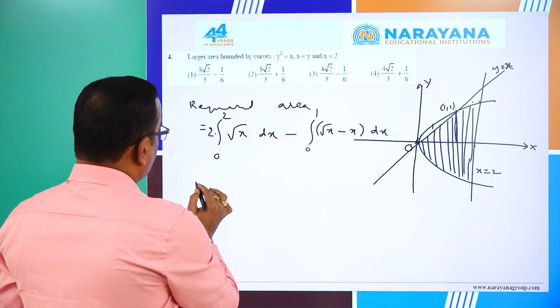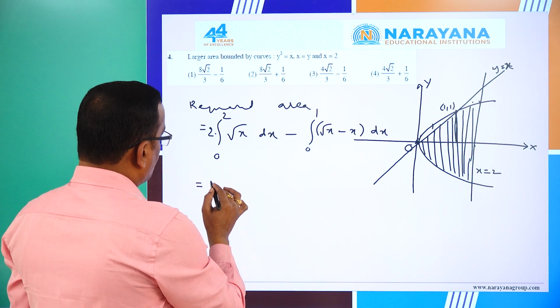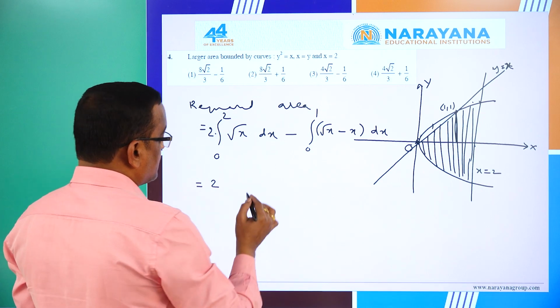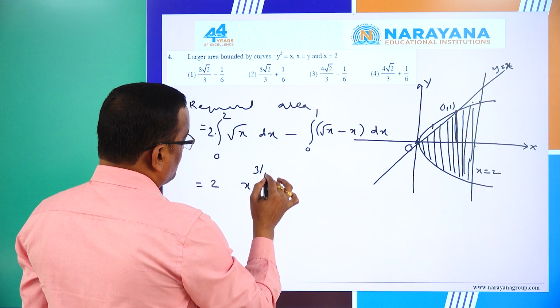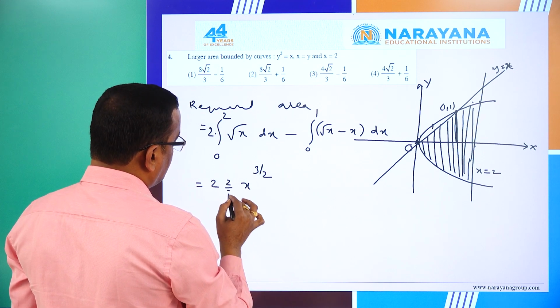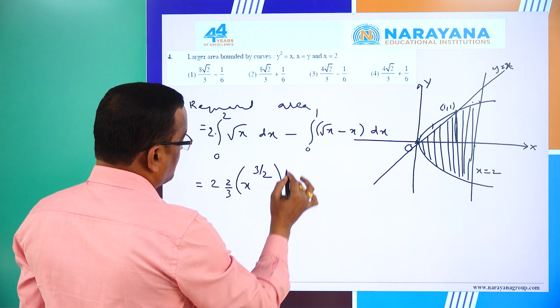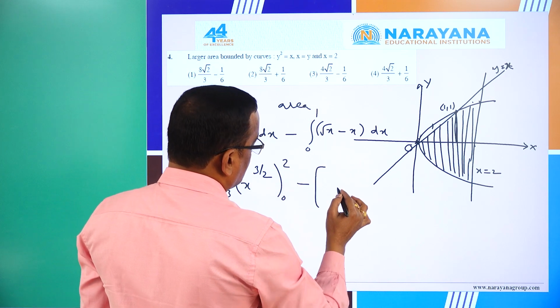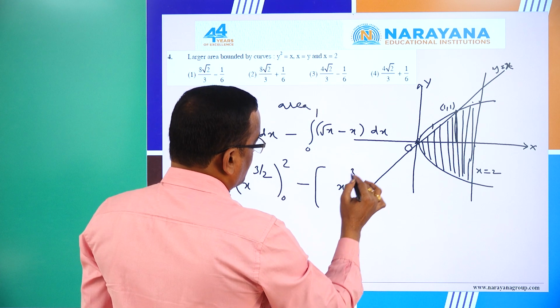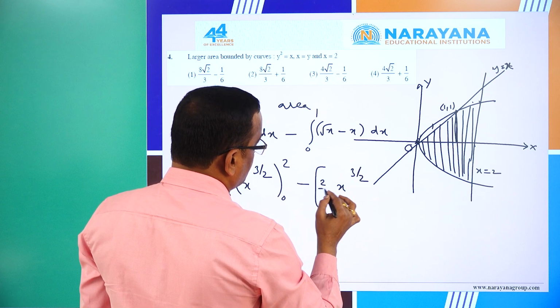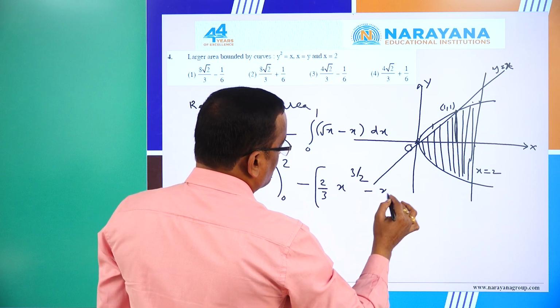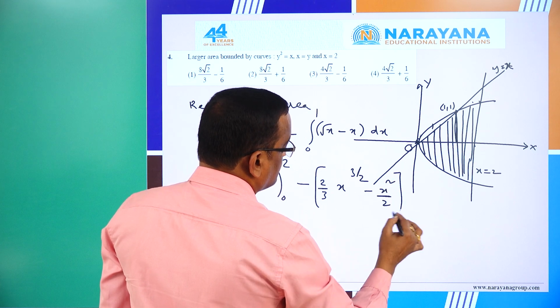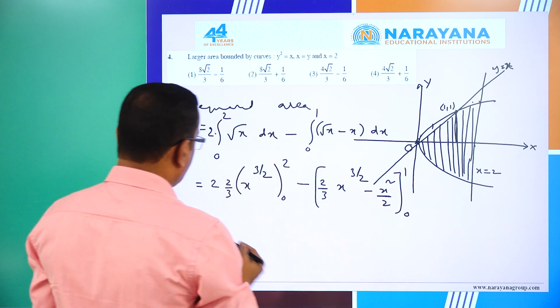Now, simplify this one. This is 2 into the integral of root x, which is x^(3/2) by 3/2, between the limits 0 to 2, minus x^(3/2) by 3/2 minus x^2 by 2, limits 0 to 1.